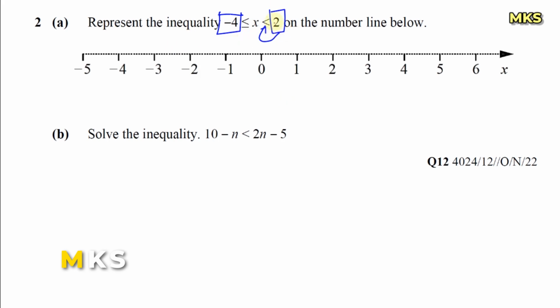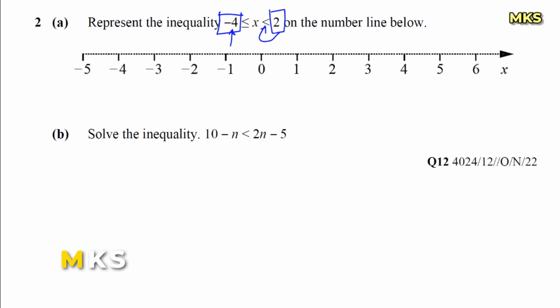So its upper limit is 2, but 2 itself is not included, whereas the smallest possible value of x is minus 4. So it means all the numbers from minus 4 till 2.